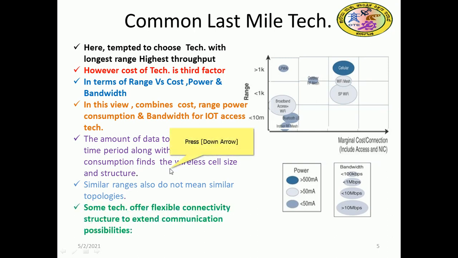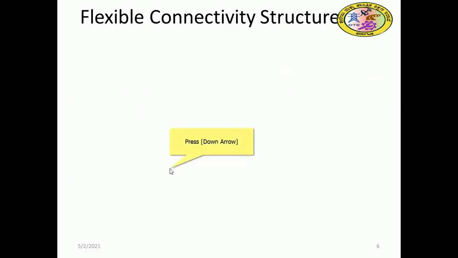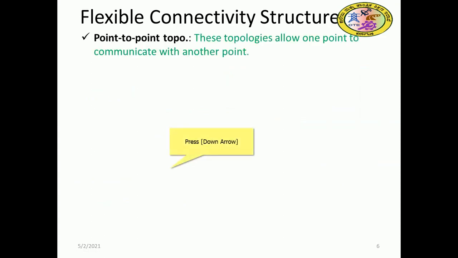So some technologies give a flexible connectivity structure to extend the communication possibility, right? So it gives flexibility. In the flexible connectivity structure, there are point to point and point to multi-point topologies. So two topologies are going to be considered here.